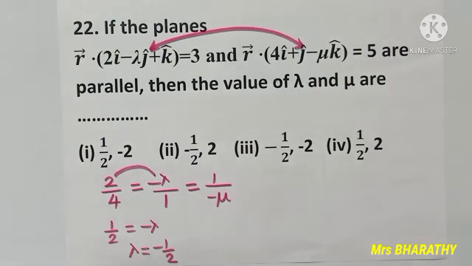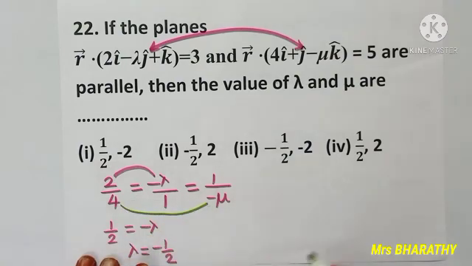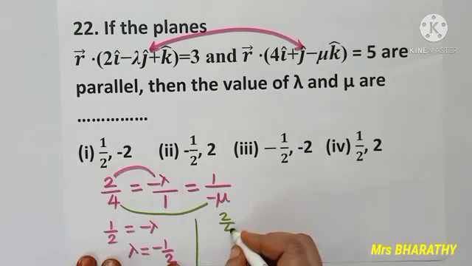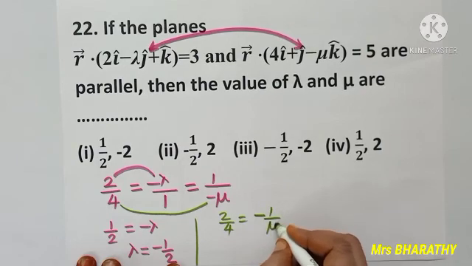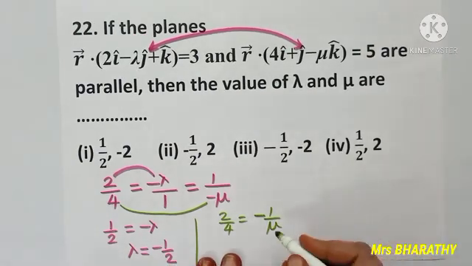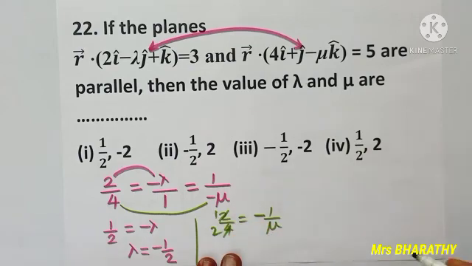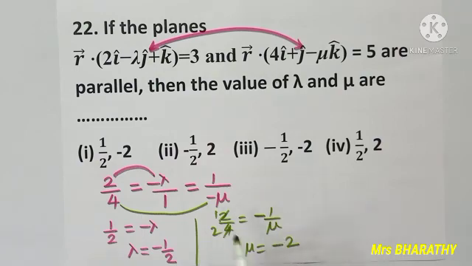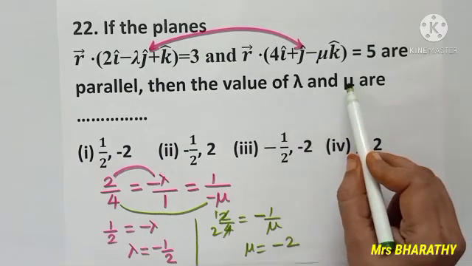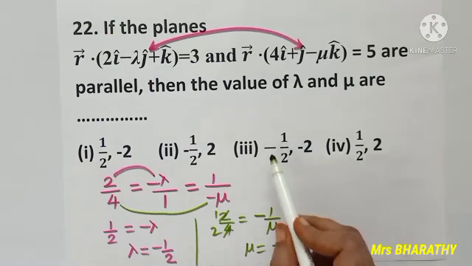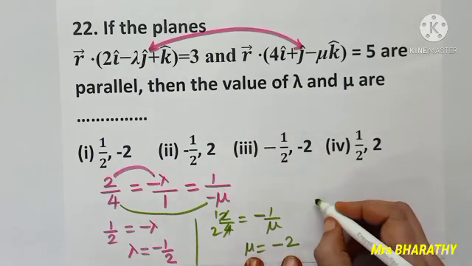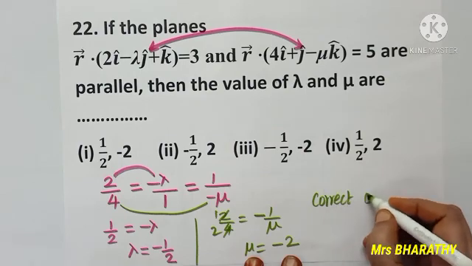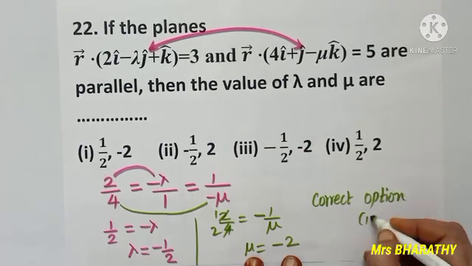Comparing first and the last, I get 2 by 4 equals minus 1 by mu. As I cross multiply and simplify, mu equals minus 2, lambda equals minus half. So the question is lambda and mu: minus half, minus 2. So option number 3 is correct.